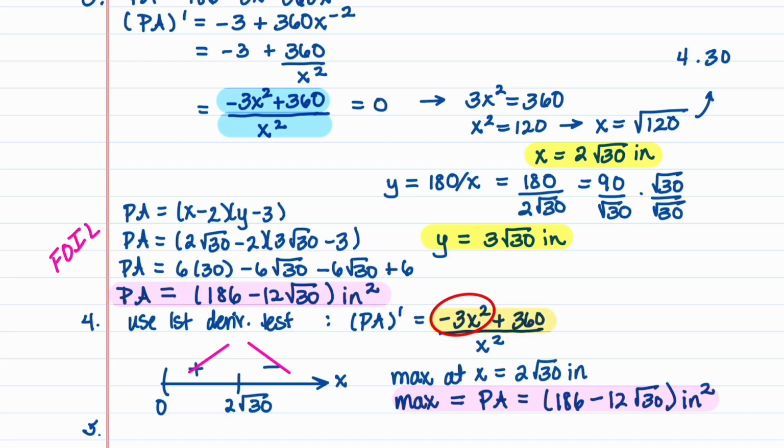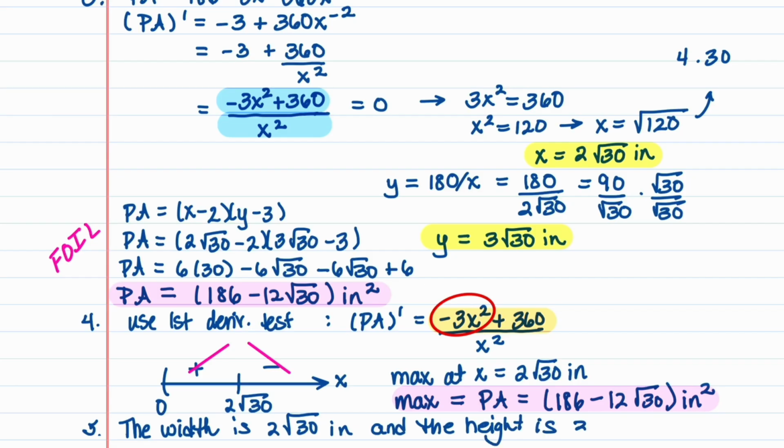Step 5, we're going to say that the width is 2 root 30 inches, and the height is 3 root 30 inches. And that's our final answer.